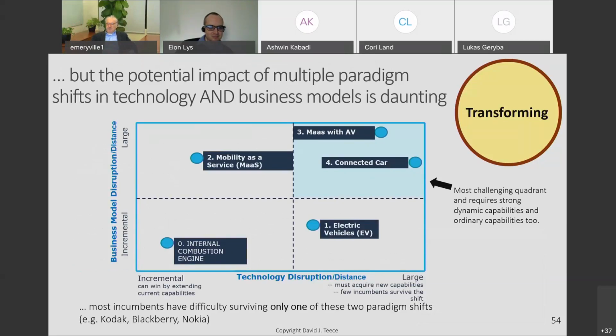So we've got simultaneously technological change and business model change happening at the same time, because we have the internet and 5G and all of that.